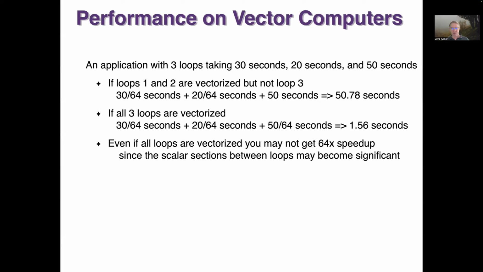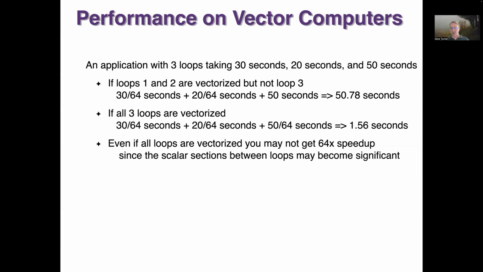then your ultimate speed for that job is going to be 30 seconds divided by 64 for the first loop, because we're speeding it up by 64 times, ideally. And then 20 divided by 64 for the second loop, but that third loop is going to kill us because it's not vectorizable. So it's going to take the full 50 seconds.